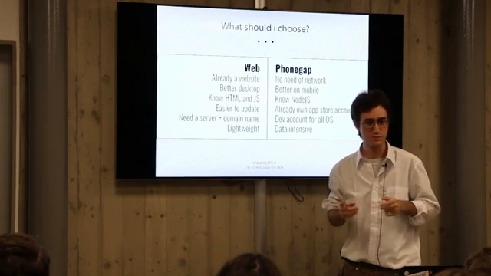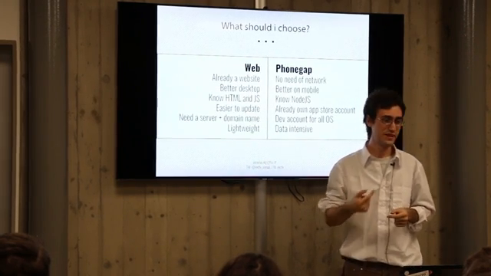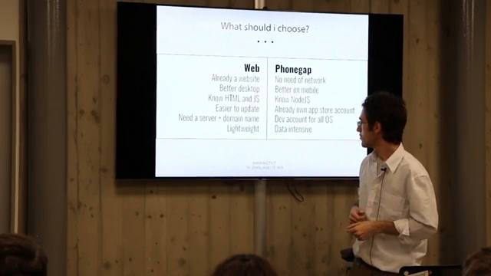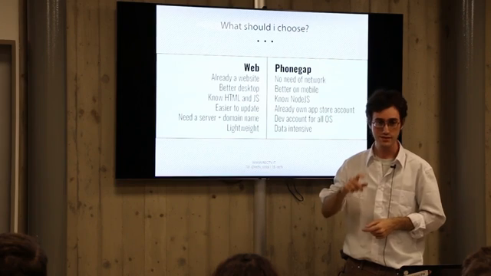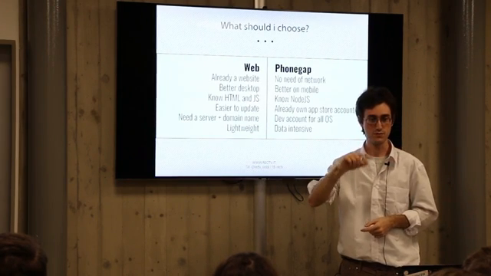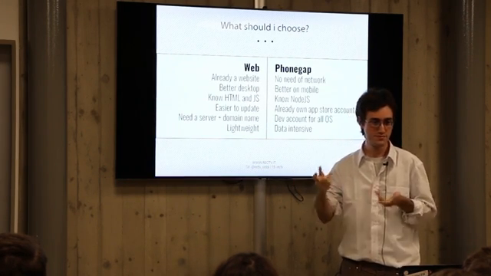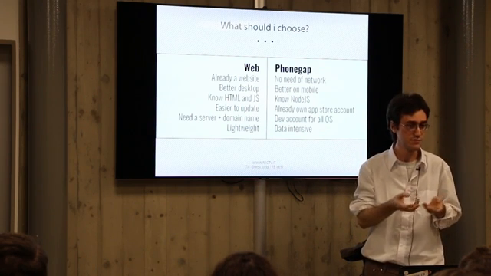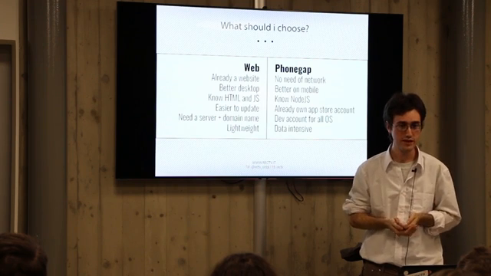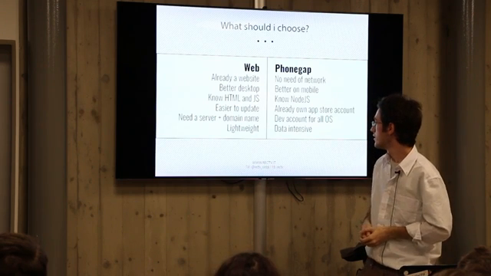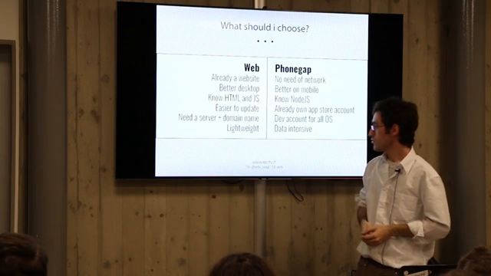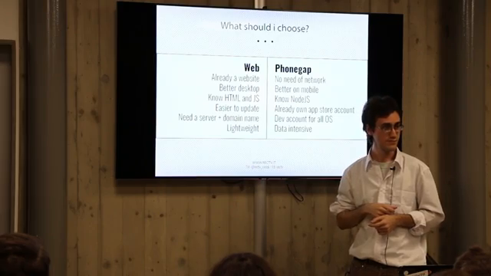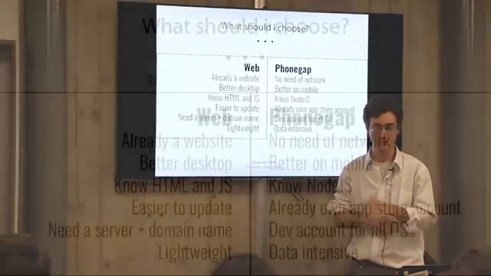So it is a cost, but you need to read the license and other things. And you need a domain name. A domain name is like www.google.com. You need to make your own domain name. It costs a few euros for a year. It's not a big cost. Web is always more lightweight than a framework. Almost.